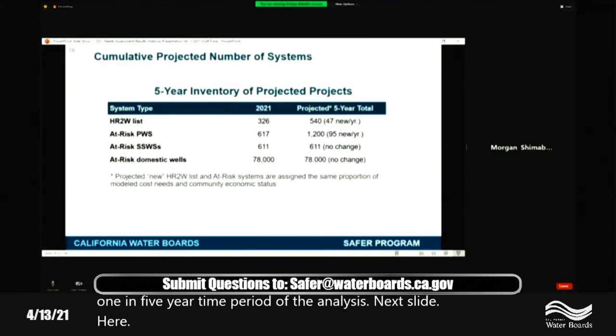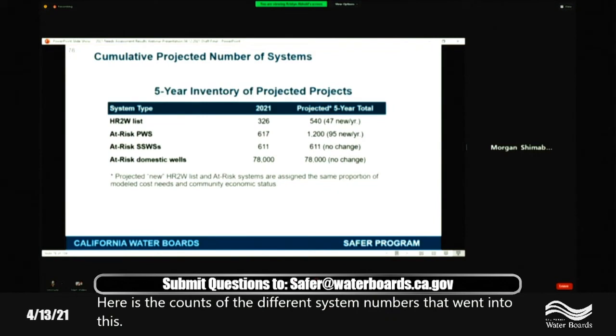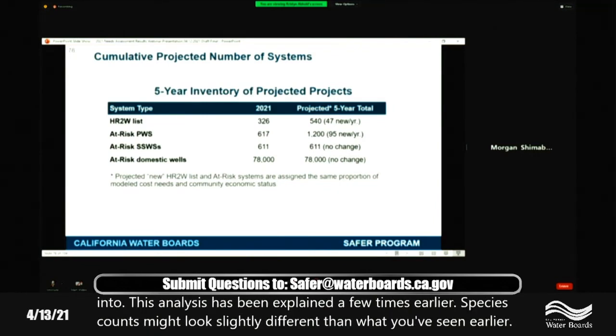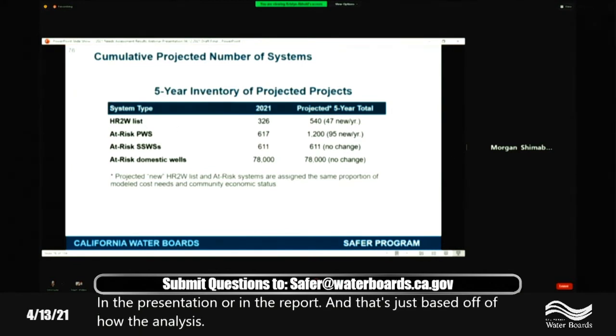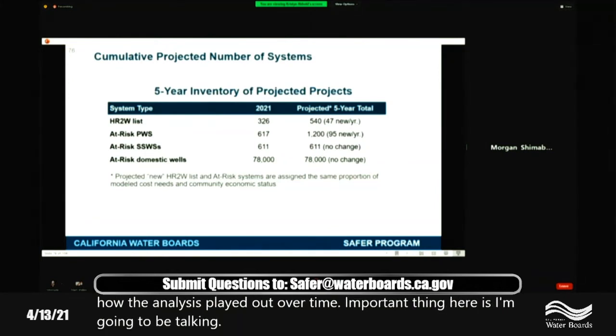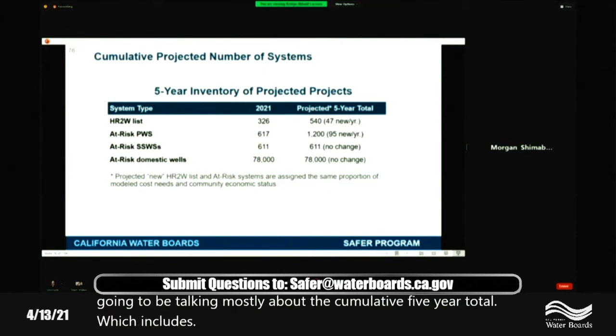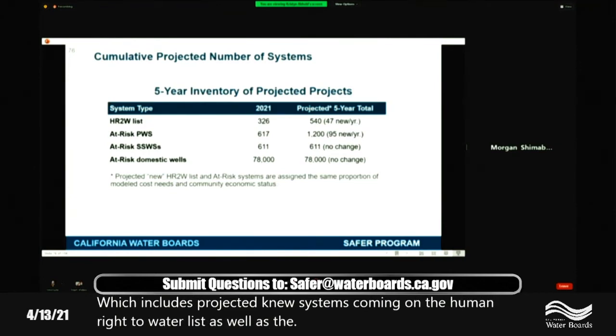Here are the counts of the different system numbers that went into this analysis. It has been explained a few times earlier. These counts might look slightly different than what you've seen earlier in the presentation or in the report, and that's just based off of how the analysis played out over time. The important thing here is I'm going to be talking mostly about the cumulative 5-year total, which includes projected new systems coming on the human right to water list, as well as the at-risk public water system list.